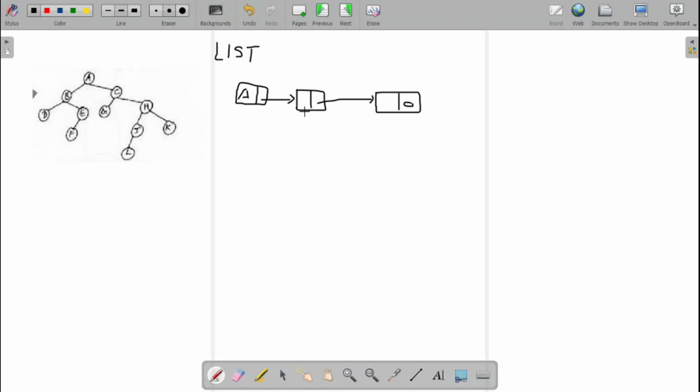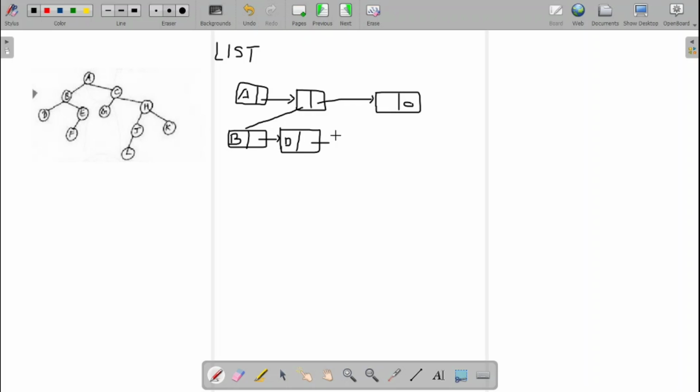Then next, it will have the two children. The first child is B. Again, B is having how many children? Two children over there. One is your D that doesn't have any children, so we'll directly write.